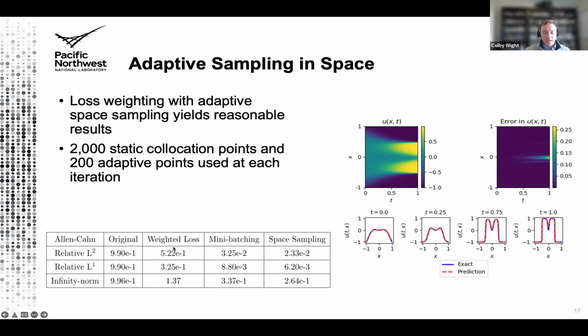And then what happens when we add weights to the loss, and when we combine those with either mini batching or space sampling. In this case, both mini batching and space sampling provided good solutions, maybe slightly better with the space sampling technique, which helped us find better solutions.